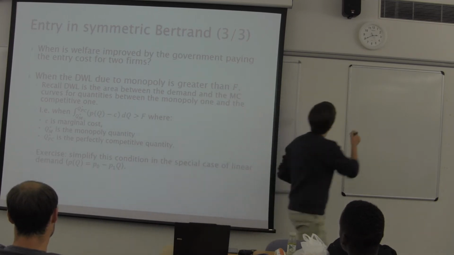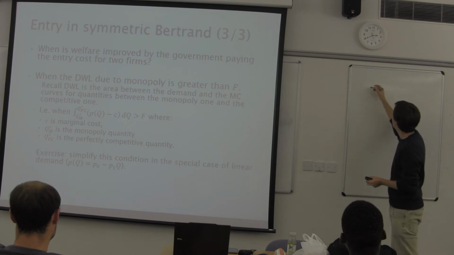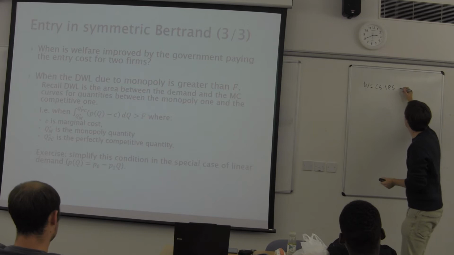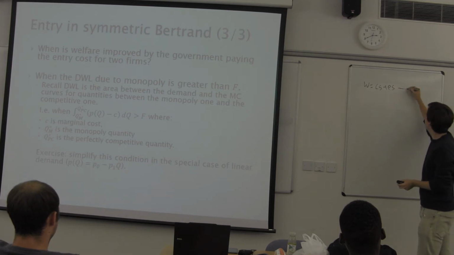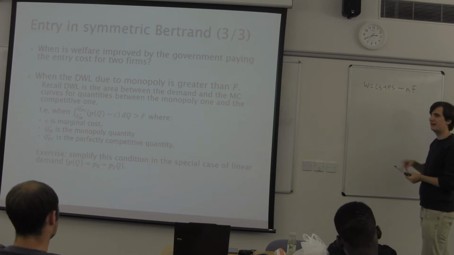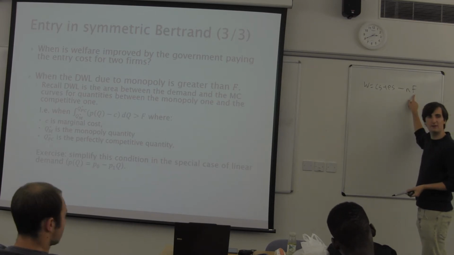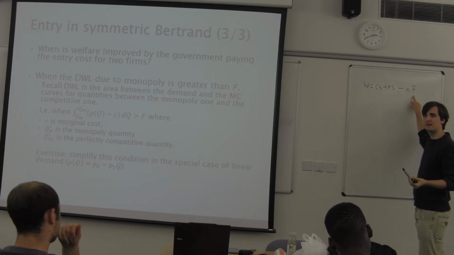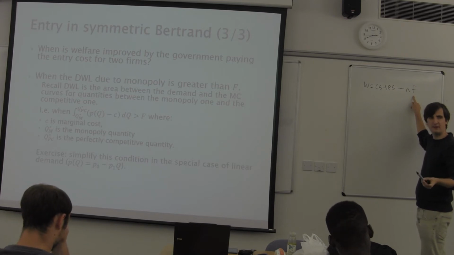You can write down welfare. So welfare is going to be consumer surplus plus producer surplus minus n times the fixed cost. Okay, it doesn't matter who's paying the fixed cost for welfare. You know, when one firm is entering, that firm is paying the fixed cost.